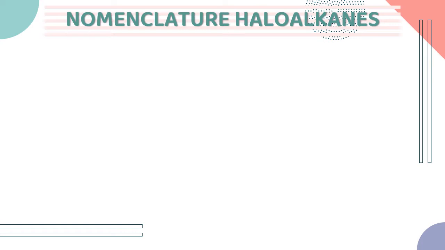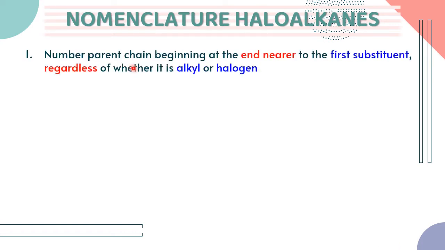Now let's take a look at a few scenarios on how we name our haloalkane. The first one: number the parent chain beginning at the end nearer to the first substituent, regardless of whether it is alkyl or halogen. We treat both halogen and alkyl as substituents.